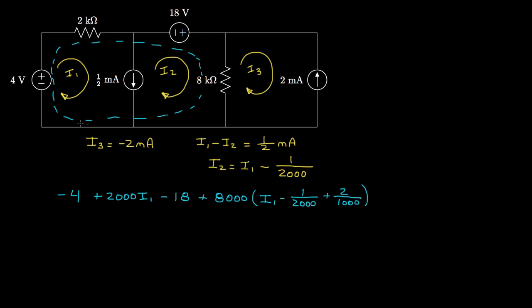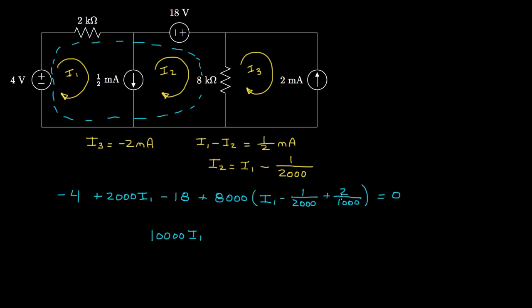And that will proceed around and be back to where we started, so we can set that equal to 0. Well, let's group the terms that depend on I1. We have a 2,000 and an 8,000, so that's 10,000 I1. Then the constant terms: we have a minus 4, a minus 18, a minus 8,000 over 2,000, so that's a minus 4, and then a 16,000 over 1,000, so that's a plus 16.